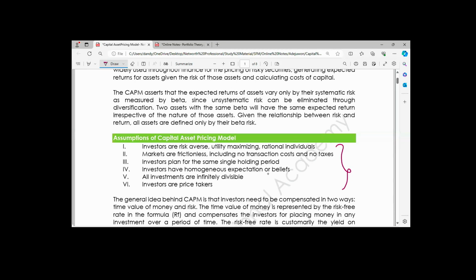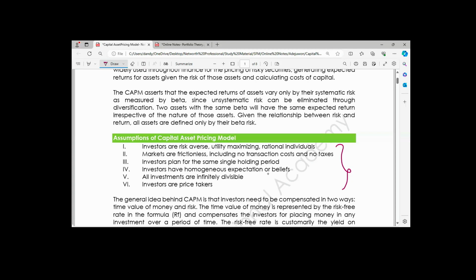Then the third one says that investors plan for the same single holding period. Then the fourth one says that investors have homogeneous expectations. This is not possible. All investors cannot have the same expectation because we have different aspirations, different exposure, different experience, and our expectations will surely be different because our level of risk is also different.